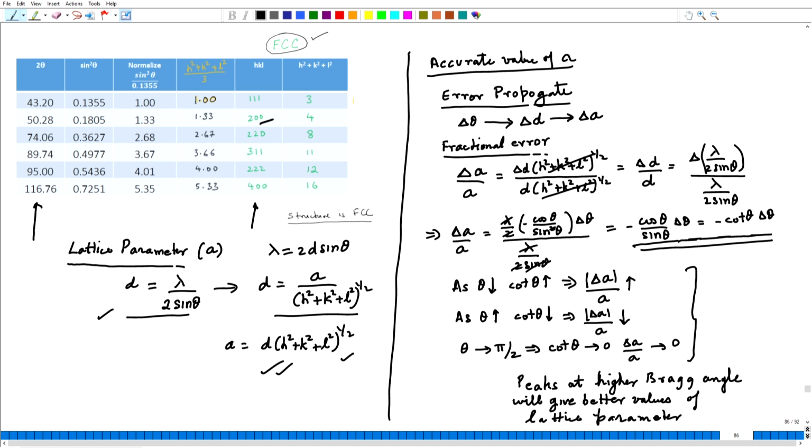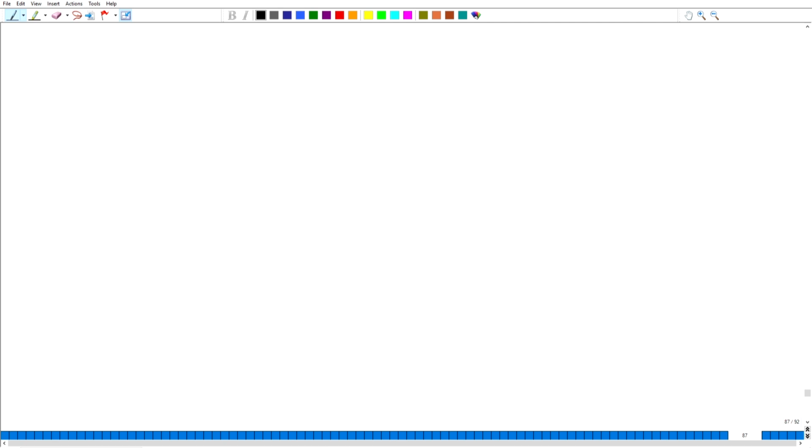There are some functions which can be used for extrapolating the value of the lattice parameter to theta equals 90 degrees or theta equals pi by 2. There are a couple of functions that I am going to point out here. We are not going to go into the derivation for these functions. One is the Bradley-J function, which is quite a simple function.